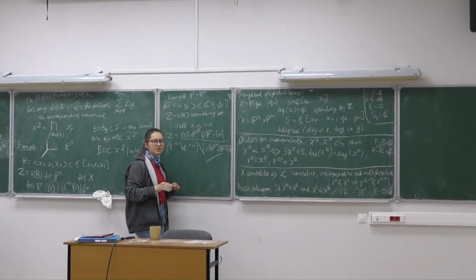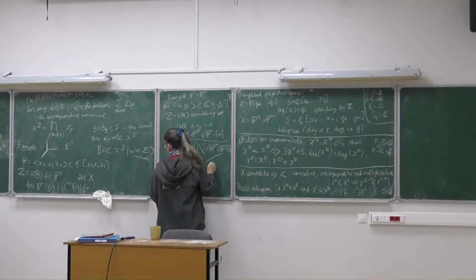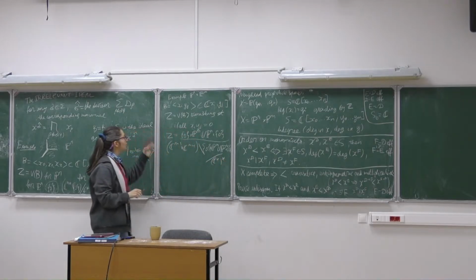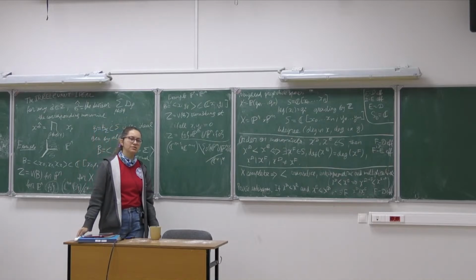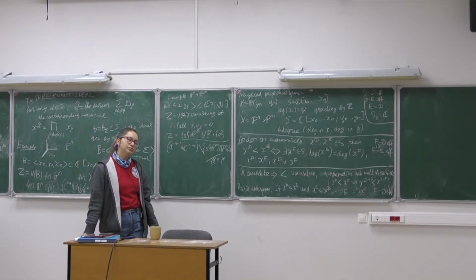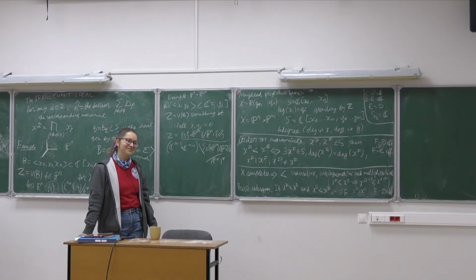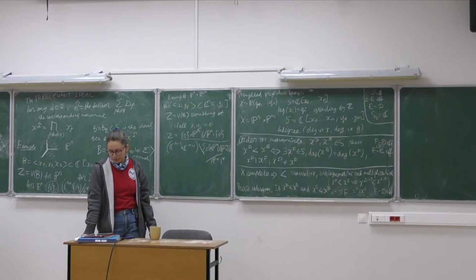Our class group is Z2. So we quotient it by C star square. So we should obtain our product of two projective spaces. This will be the quotient construction.